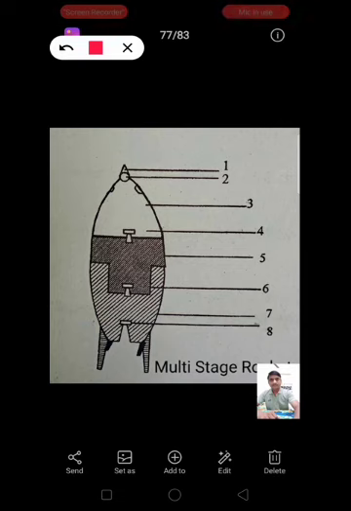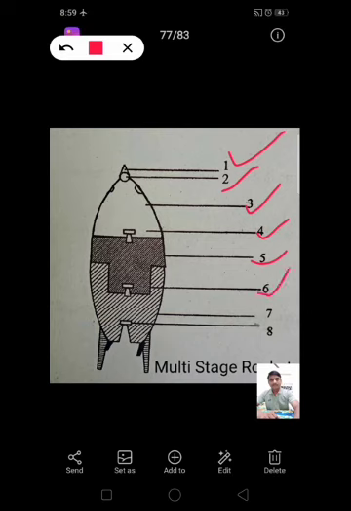At the top of the diagram, 1, it is conical shape, and the second one is the satellite, third one is the third stage of the rocket, and fourth one is the engine for the third stage, fifth one is the second stage of the rocket, and sixth label is the engine of the second stage, and seventh one is the first stage of the rocket, and eighth one is the engine of the first stage of the rocket.